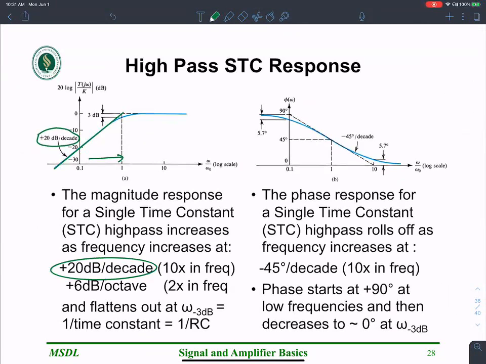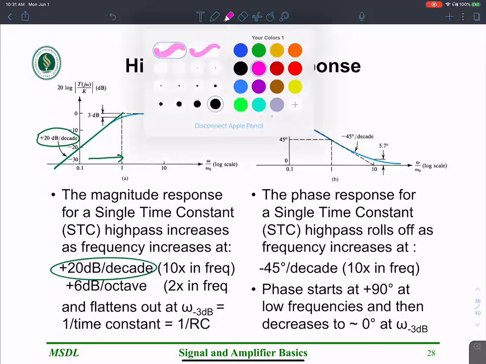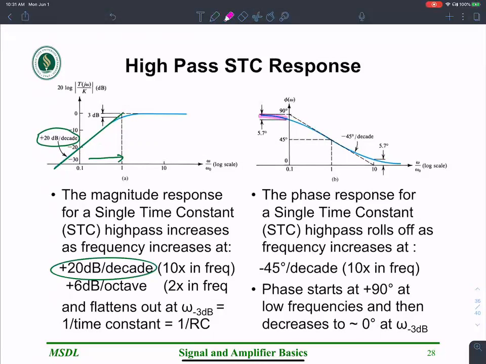This is for a high pass single time constant circuit. What you want to remember is that for both low pass and high pass, the phase is going to fall.